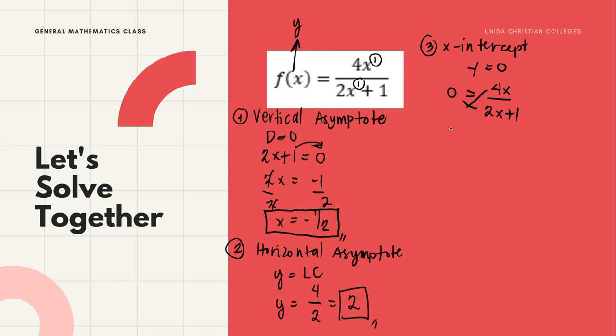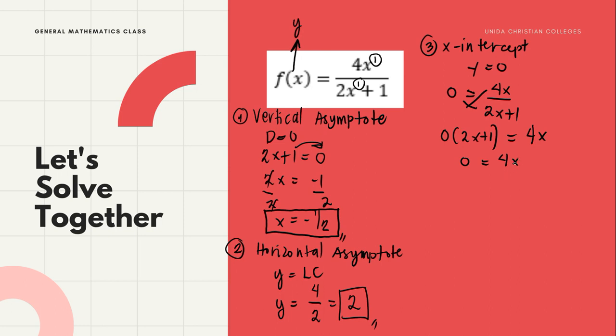Cross multiply. So, it will become 0. 2x plus 1 is equal to 4x. Okay. So, since the given equation is being multiplied to 0, it means the answer is 0.